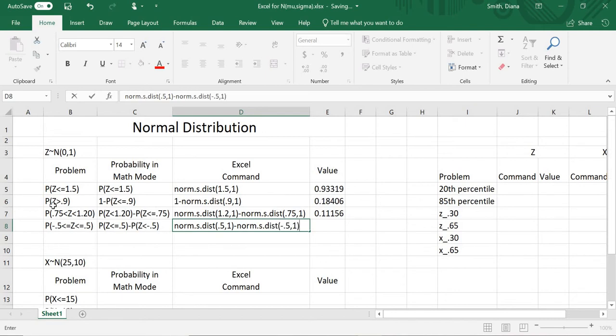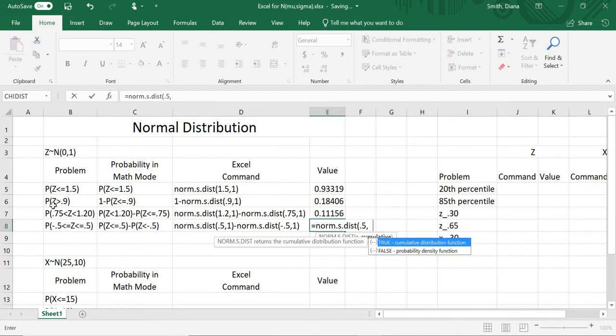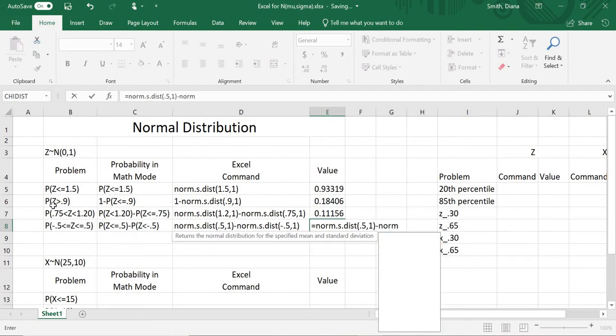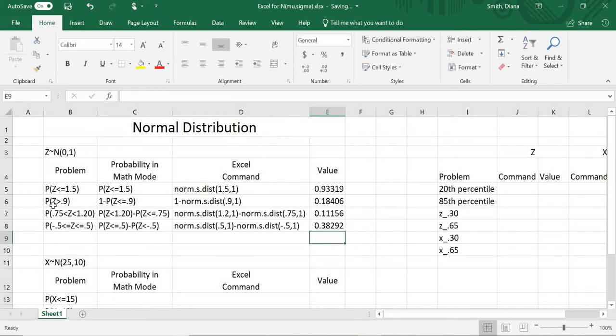So remember that the first one is positive, the second one's negative. And then I'll do it again with the equal sign, and make sure I'm putting all the periods in there that I should be. 0.5, 1. So I'm getting roughly 38% of the values are between negative 0.5 and 0.5.